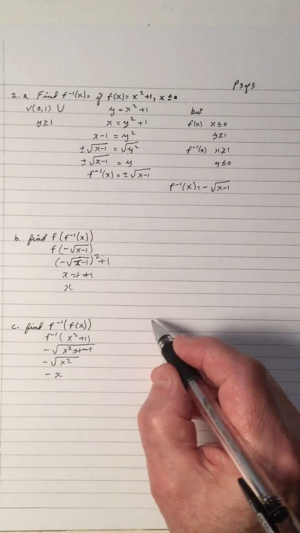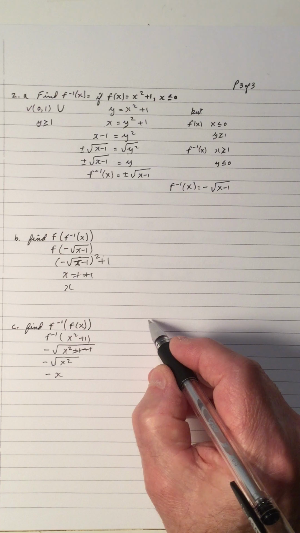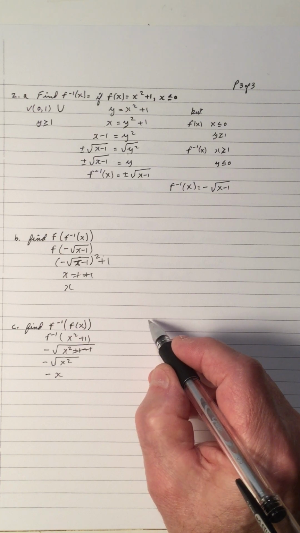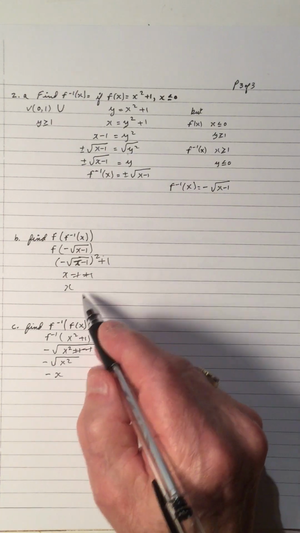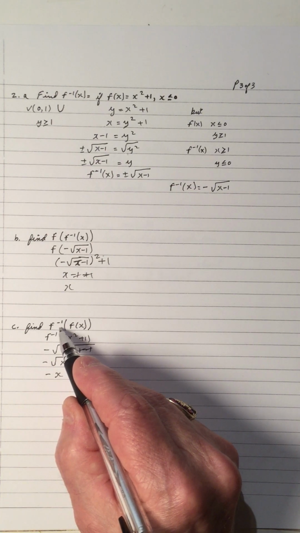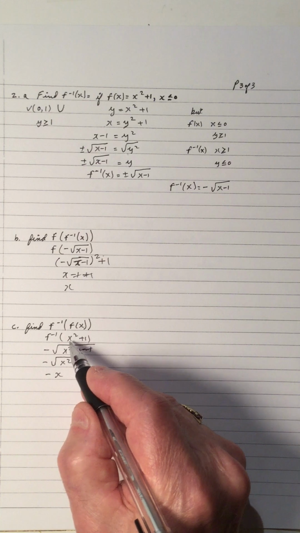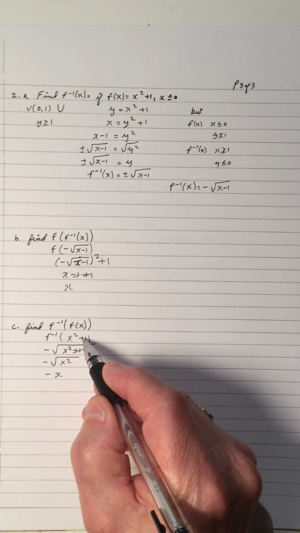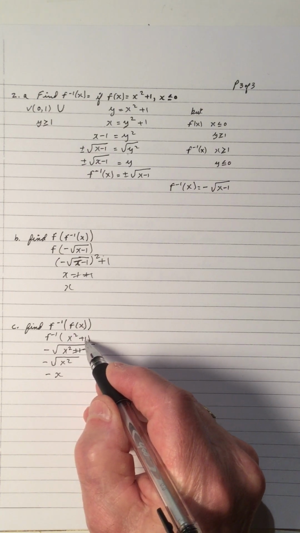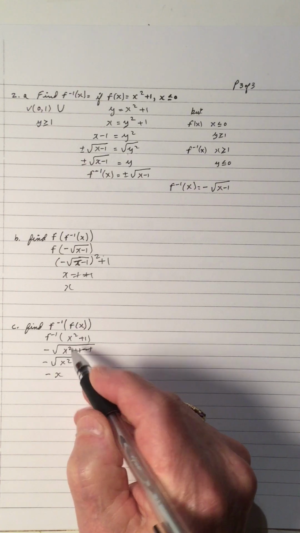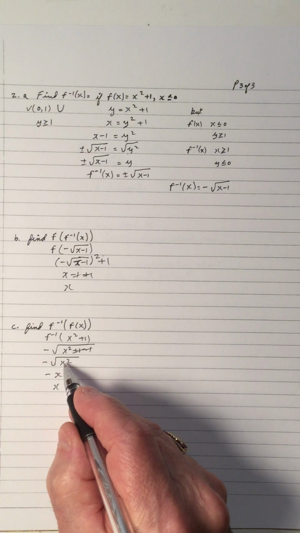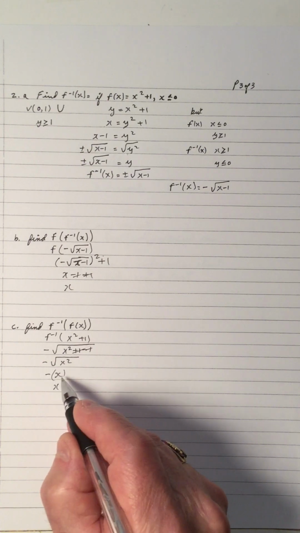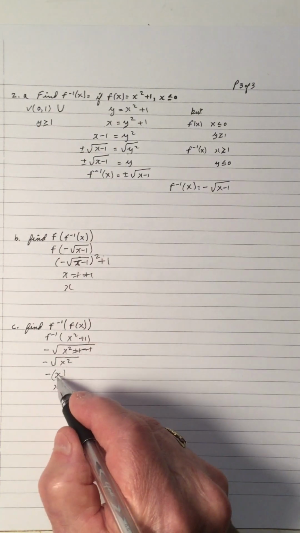So let's check that out. It seems I should have an x here, but I didn't. x minus 1, we take the negative. Okay, but x is negative. So this is a negative x, which comes out to be an x, because it's the opposite of what's in this bracket. That's x is negative.